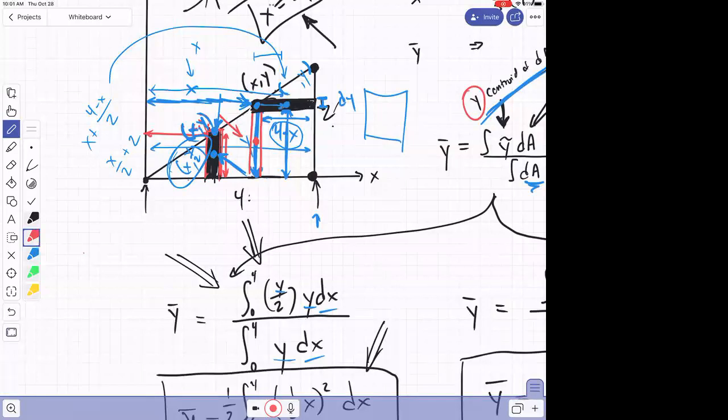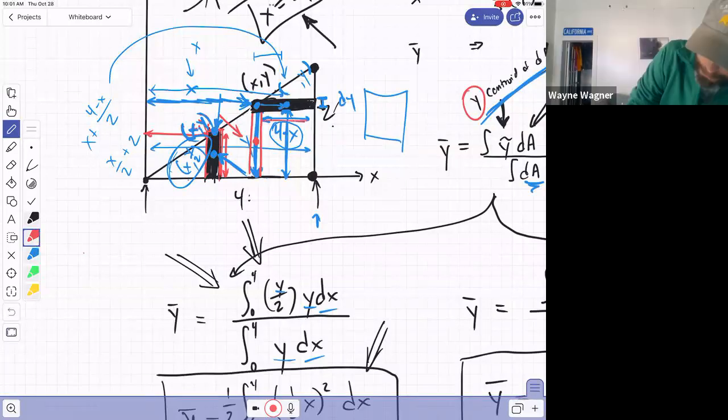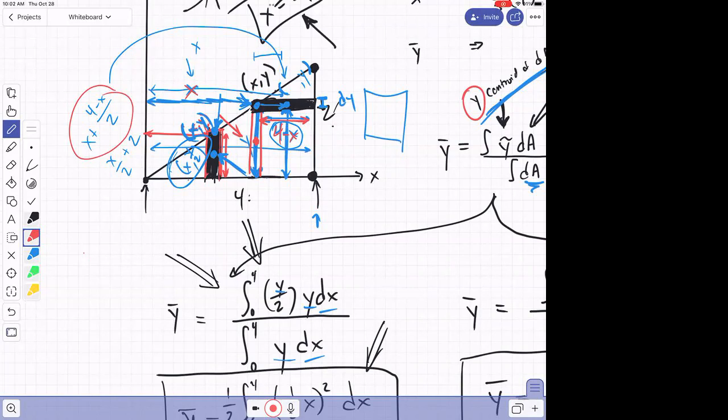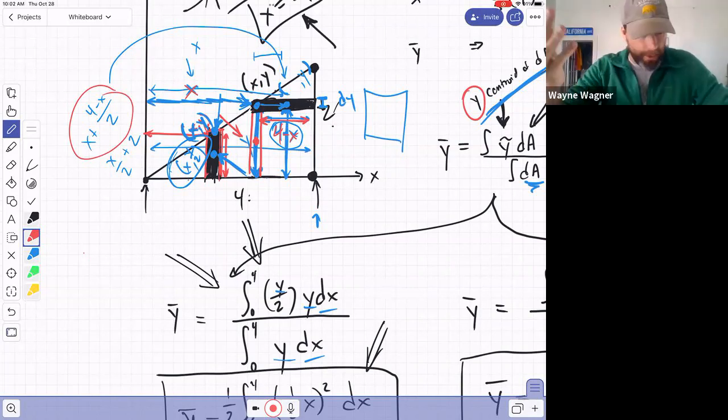So I'm adding half of 4 minus X, which is this distance right here. So I've got X plus half of 4 minus X. Makes sense to me.